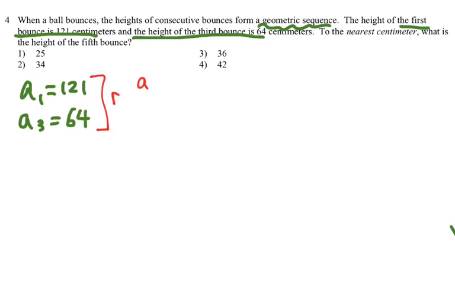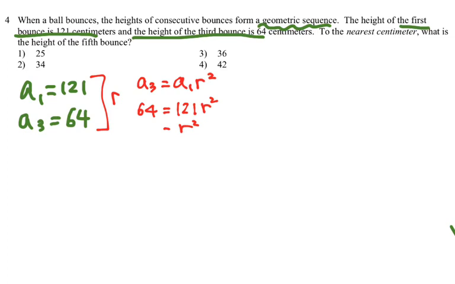Now, we need to figure out the value of r, since a sub 3 is equal to a sub 1 times r squared. We can fill up the rest of them here: 64 in place of a sub 3, 121 in place of a sub 1.